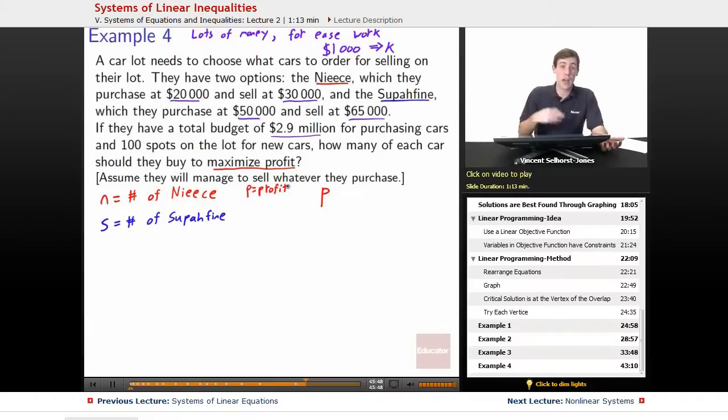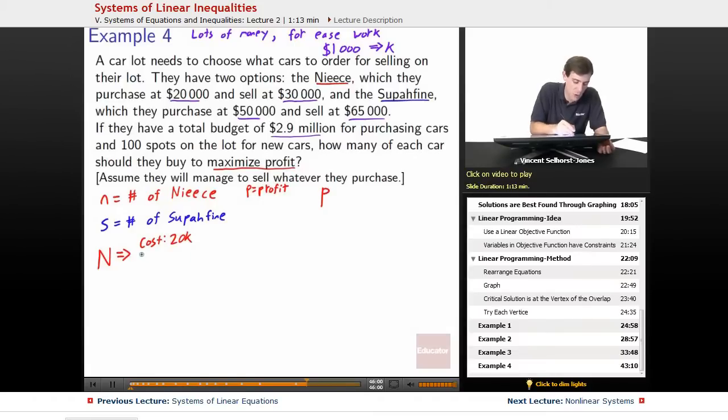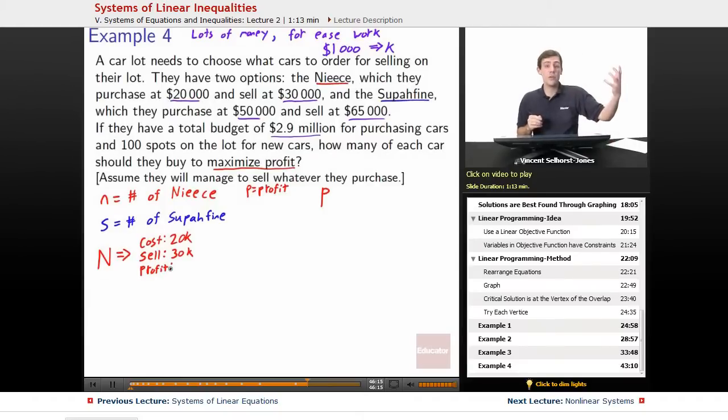So first we have to figure out how much profit they make off of selling a nice, and how much profit they make off of selling a superfine. If they buy a nice, it costs them 20,000, which is 20K in our new form. They can sell that for 30K, which would net them a profit of the amount that they sold it for minus the amount that they had to buy it for.